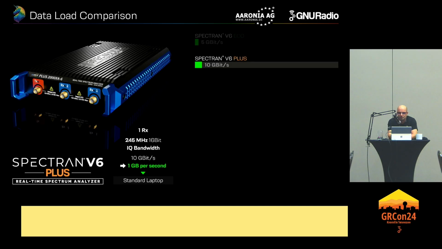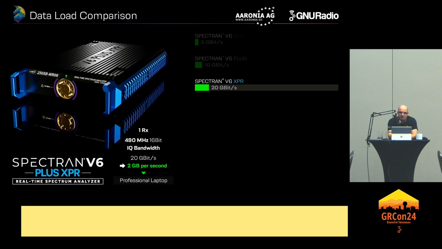And the next one would be the Plus, that has up to 245 megahertz bandwidth, and then we already need 2 USBs in combination, so that we can get 1 gigabyte per second to the PC, which is also still handleable. The next one is the XPR, and then it gets really critical, because then we need about 2 gigabytes per second. And a lot of USB transfers have problems with that. And so already here we would need some data reduction somehow.